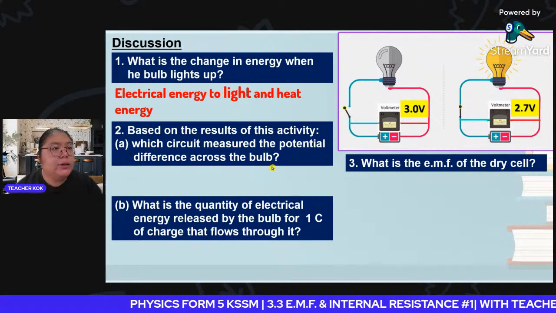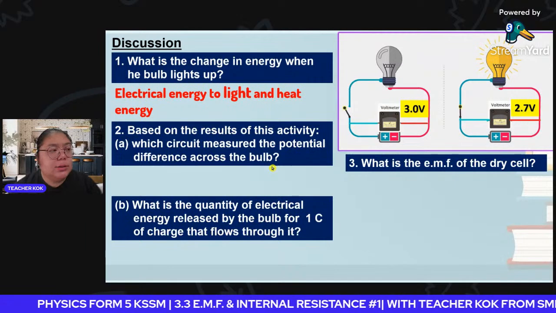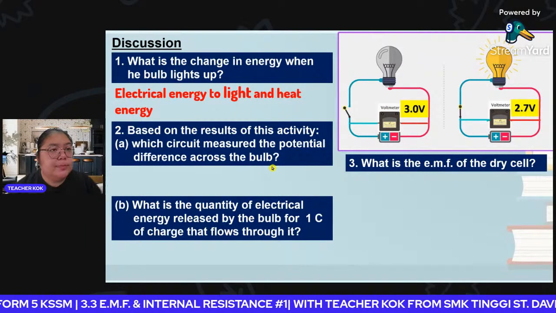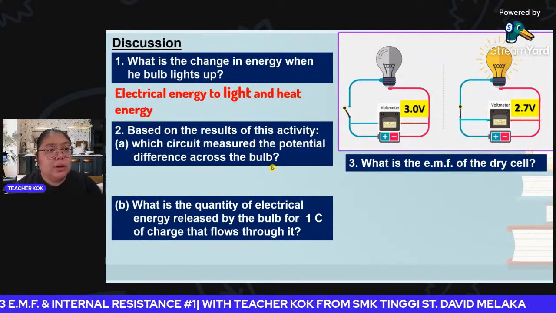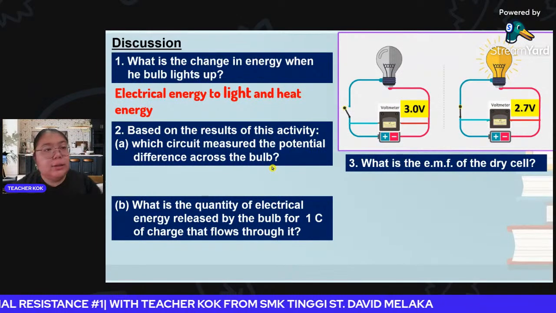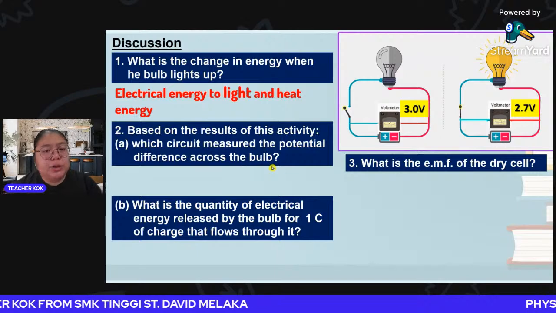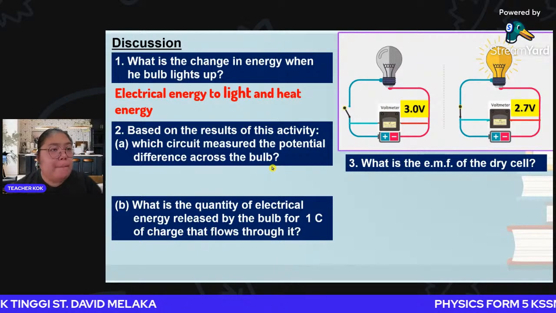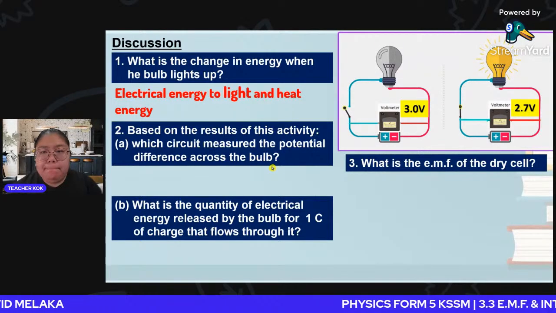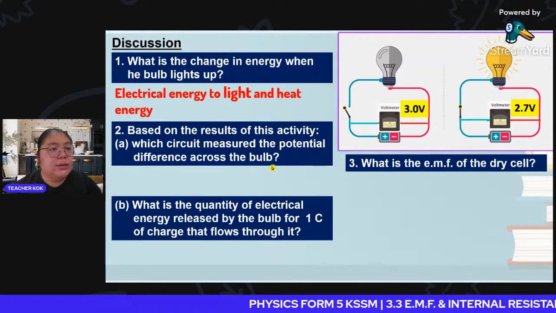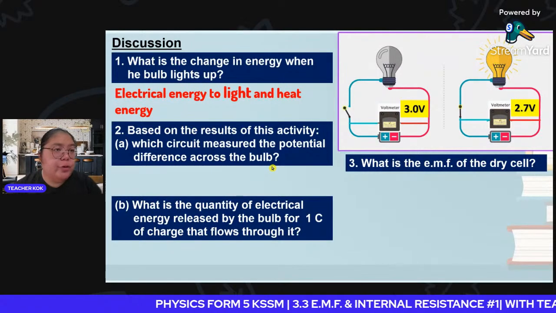Anybody can answer me? Anybody here, just type it. I will see your answers here. Which one measures the potential difference of the bulb? Just answer me, 3 volt or 2.7 volt.